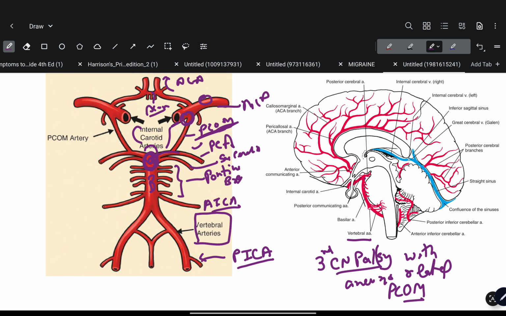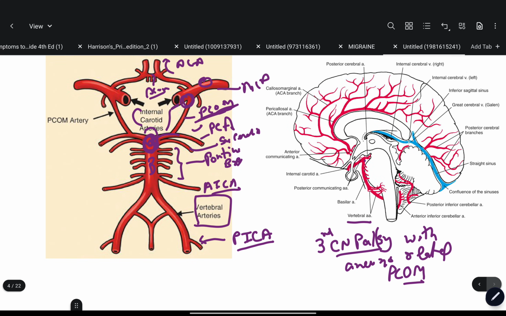If you look closely, the posterior communicating artery is here, attaching itself to the posterior cerebral artery, and here at the midbrain the third cranial nerve originates and moves forward. So any aneurysm at the PCOM location is going to compress the third cranial nerve and will lead to its features. Okay, I think I am clear by now.